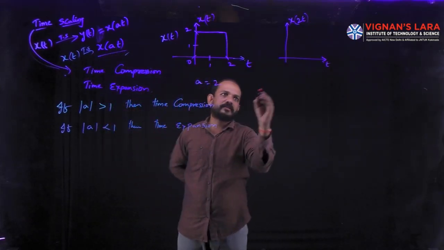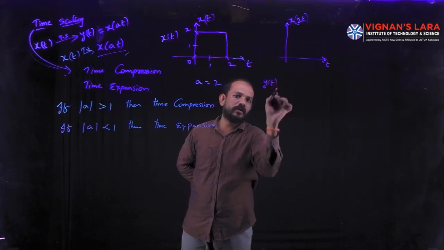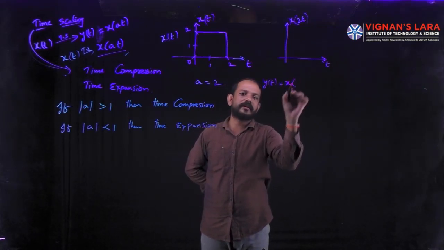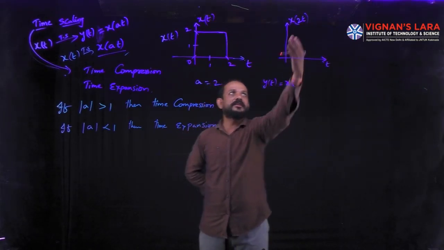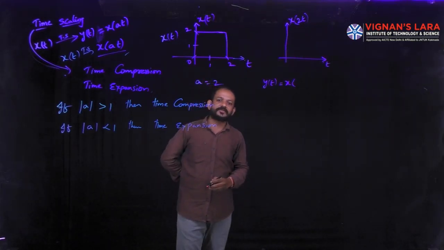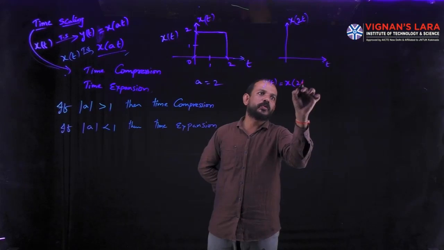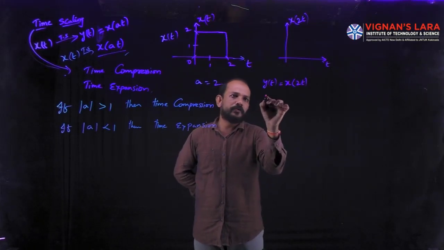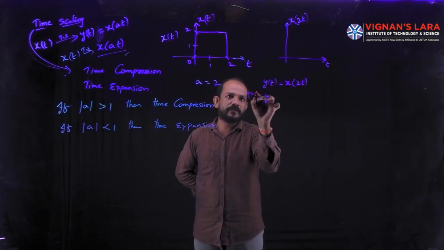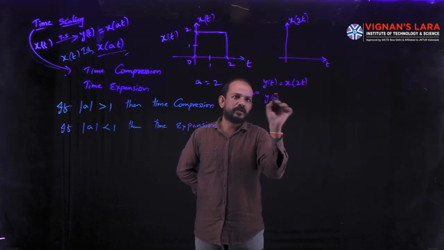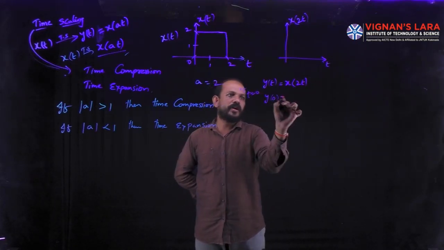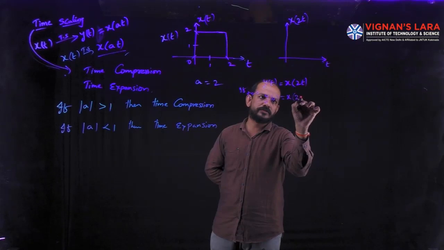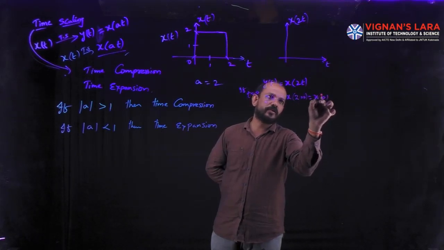The time scaling operation on x of t will give y of t, which is equal to x of at. In our example, I had taken the value of a as 2, so I write x of 2t. Now, if t equals 0, y of 0 equals x of 2 into 0, that is x of 0.